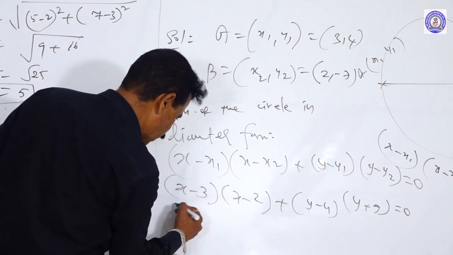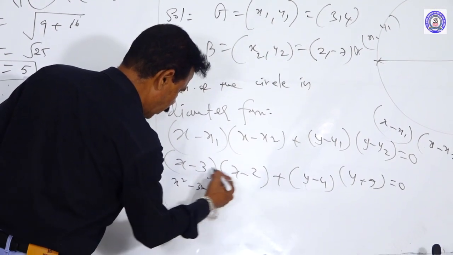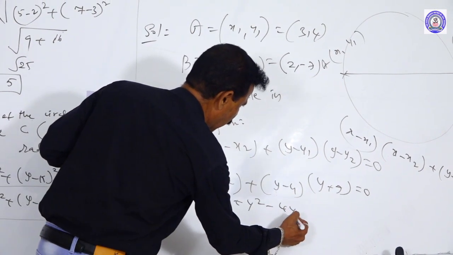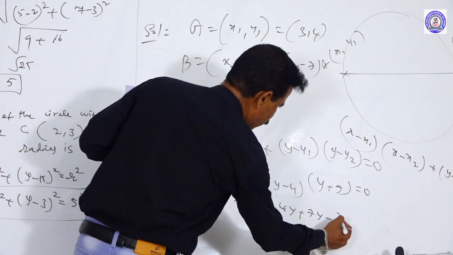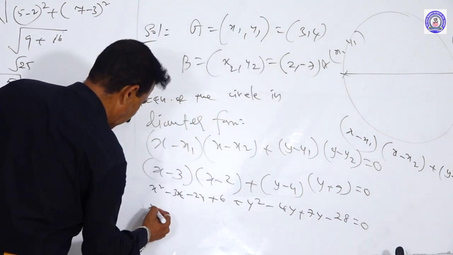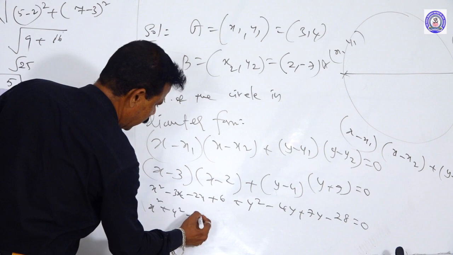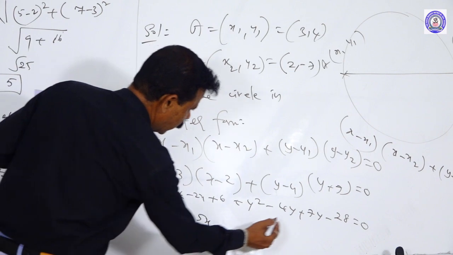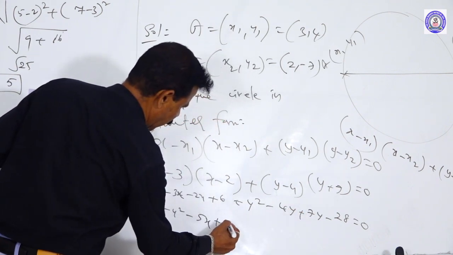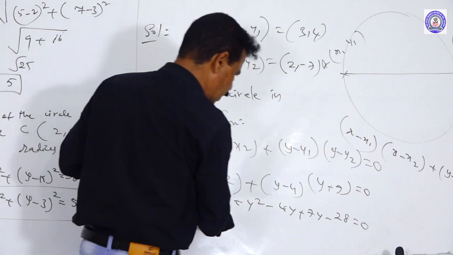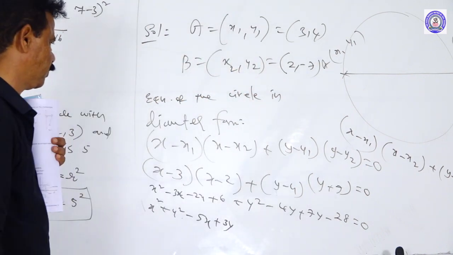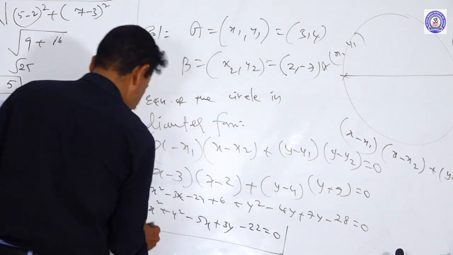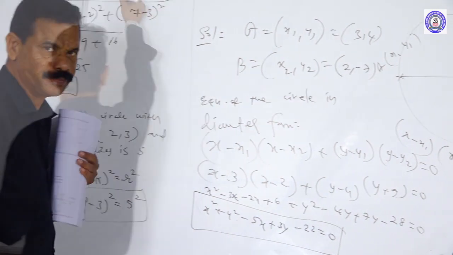On multiplication, x square minus 3x minus 2x plus 6 plus y square minus 4y plus 7y minus 28 is equal to 0. In order, x square plus y square minus 5x plus 3y, constant 6 minus 28 is minus 22, is equal to 0. This is the required equation of the circle.